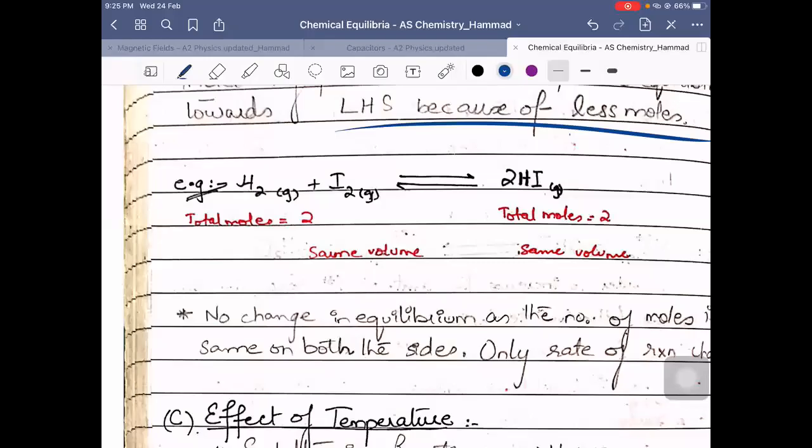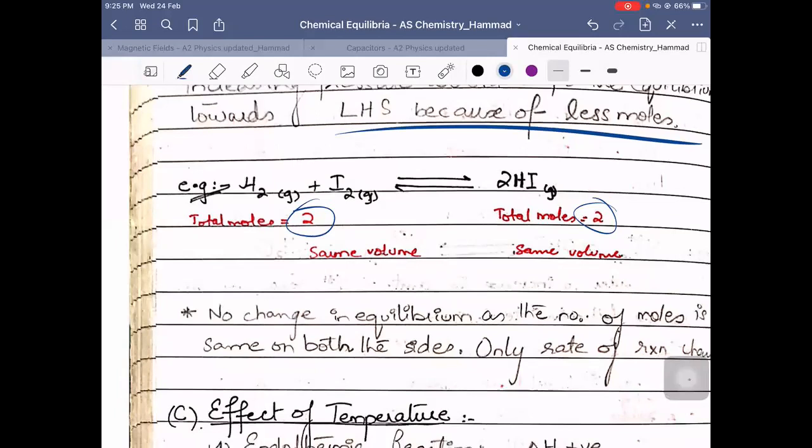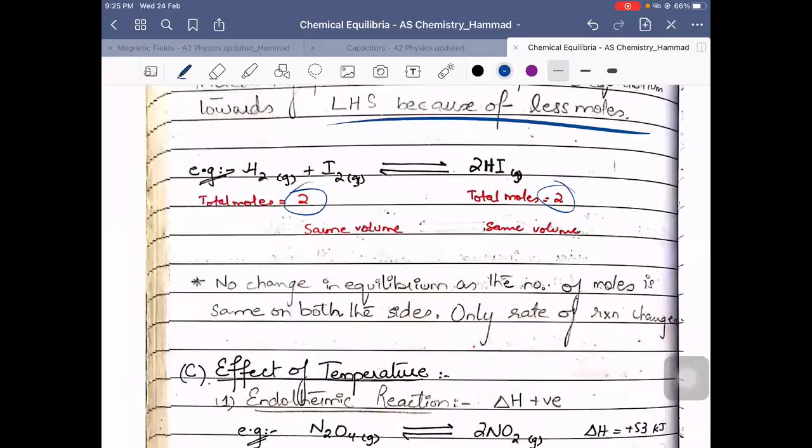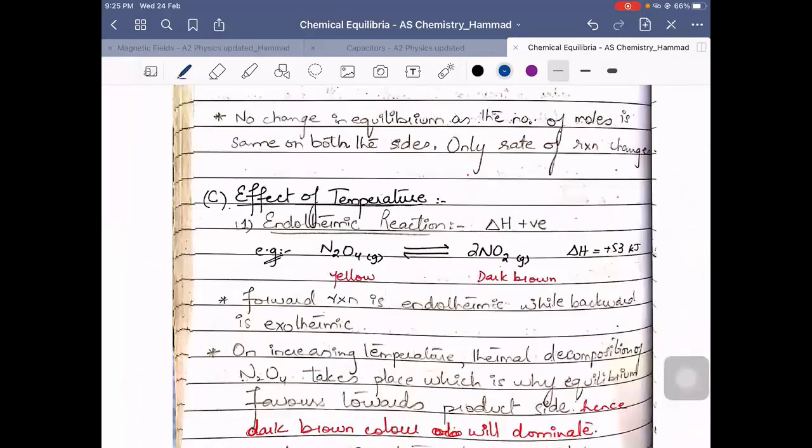Similarly, in this case, if you have H2 and I2 reacting to form 2HI, there are 2 moles on each side. If you increase the pressure, equilibrium does not move in any direction. Moving forward, the effect of temperature depends upon the enthalpy change.